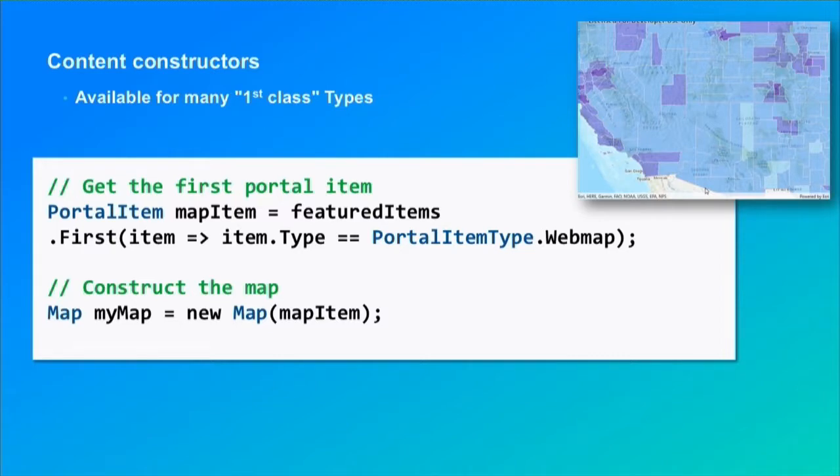It could be a PDF. If you pass a portal item representing a PDF to a web map or to a map object, it's not going to make sense. You're going to get an exception. So what we do here is we actually use LINQ in .NET to filter and make sure that the item, in this case a featured item, is actually a web map, and then I use it.